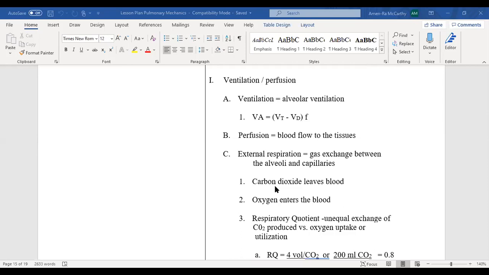Then you have your capillary over here, and then you have the oxygenated side.